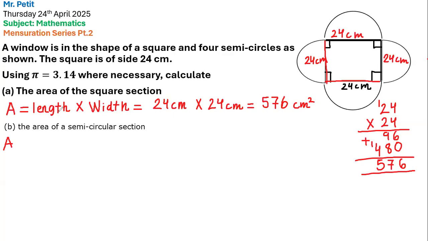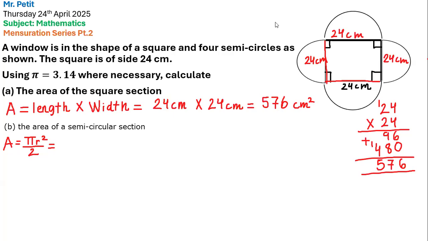Very good. So the area is going to be pi r squared divided by 2.